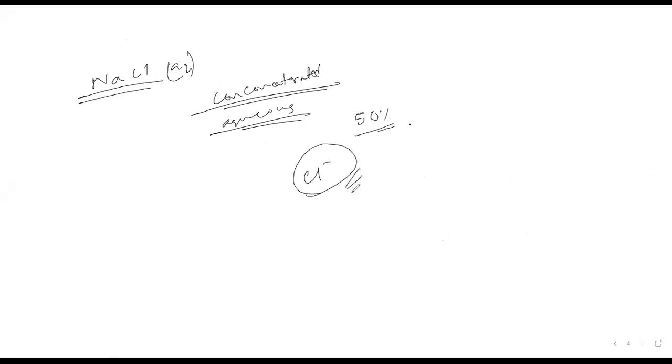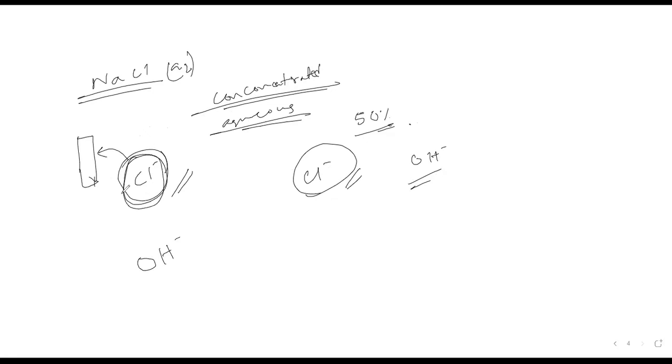Like the negative ion has a portion of 50% compared to the other hydroxide ion. So if the concentration is greater, we have what? More chloride is crowded nearby the anode. That means chloride will be the dominating factor here. So instead of hydroxide, in that case chloride will be discharged. Remember, if they have mentioned concentrated or aqueous, aqueous means there is 50% of chloride, and concentrated obviously means more concentration of the substance.